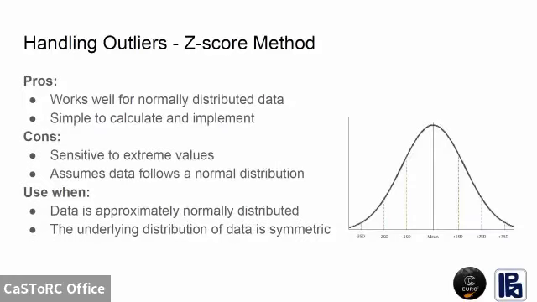So when you can use this, you have to be careful about the assumption. As I said, it will transform your data set so the mean value is 0, and then each point shows how far away it is from the mean. The first assumption is that it works very well if your data are normally distributed, following this distribution.